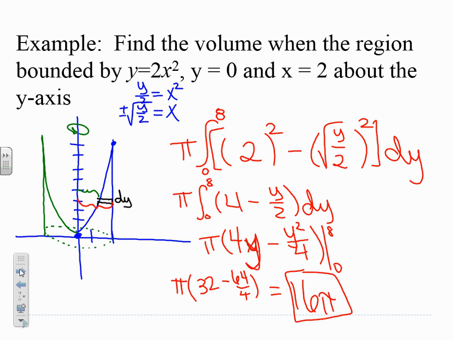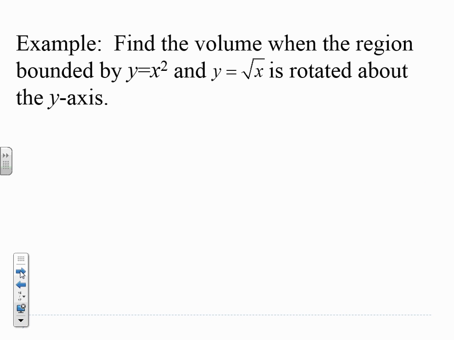Okay. Let's try another one. Calculator? I don't think we need one. Let's talk about the region: square root of x and y equals x squared.